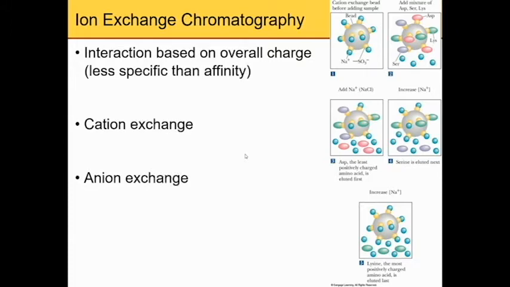Okay. So in this case, we have these cation exchange beads, right? Cation exchange beads will bind positively charged amino acids, okay? And the anion exchange beads will bind negatively charged proteins.